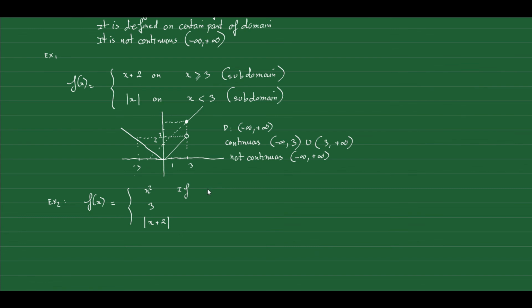You can define this with x less than or equal to -2, and this is for x between -2 and 5, and this is x greater than or equal to 5.